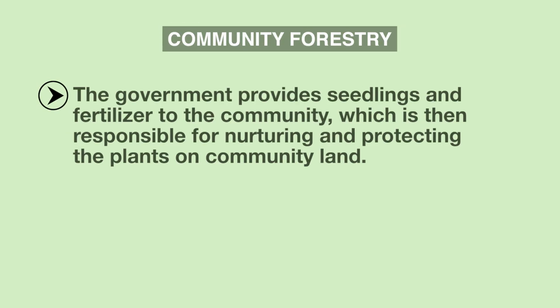Now, as we discussed earlier, we will talk about community forestry, which was once considered synonymous with social forestry, but now is a type of social forestry. In community forestry, the government provides seedlings and fertilizer to the community, which is then responsible for nurturing and protecting the plants on the community land.